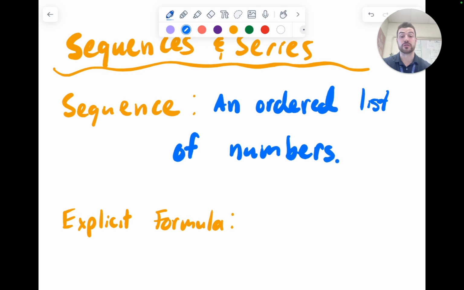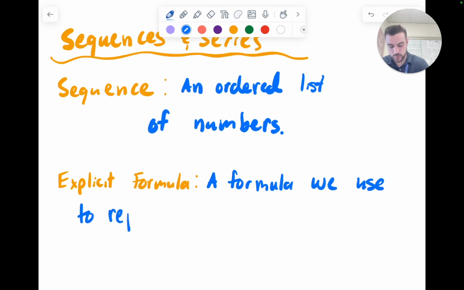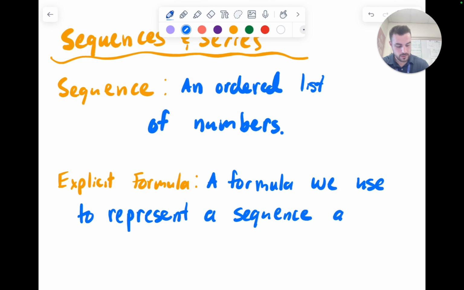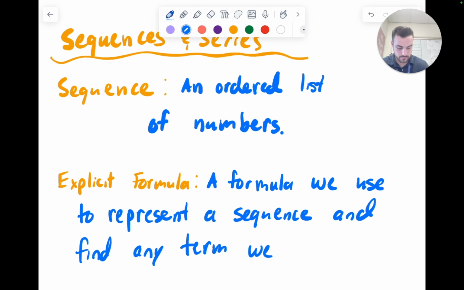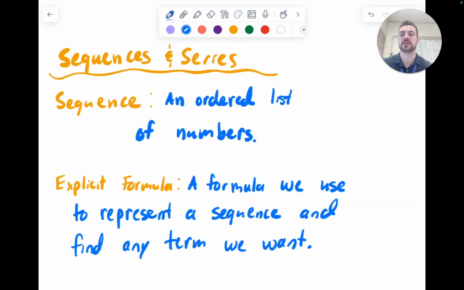And then we have an explicit formula, which is a formula we use to represent a sequence and find any term we want. All right, so we're going to take a look at a couple examples, and that should help clarify what these things are.